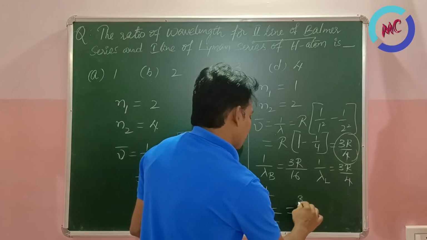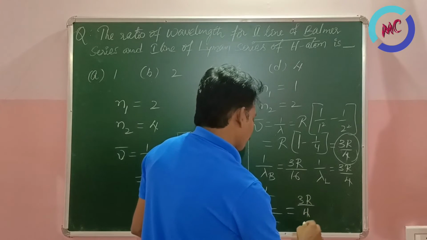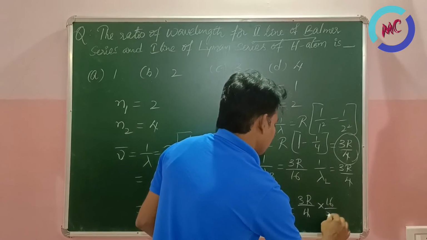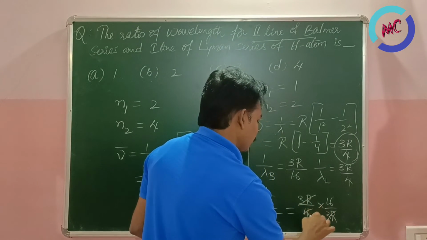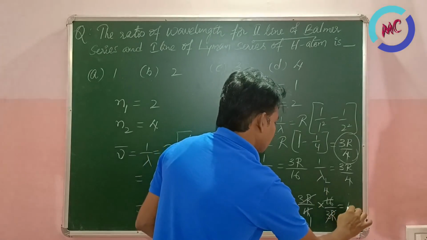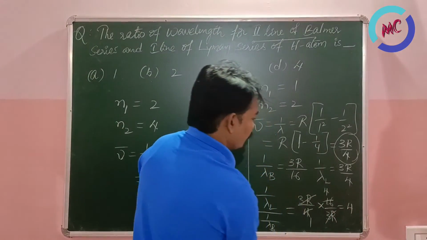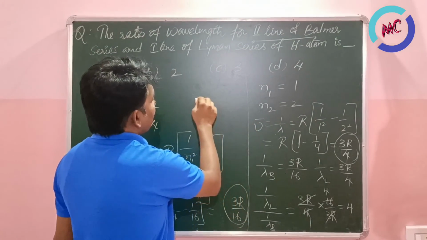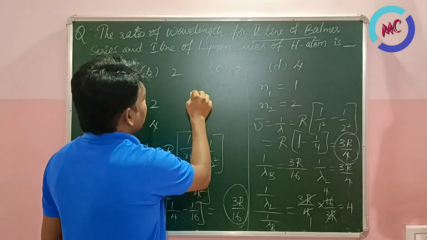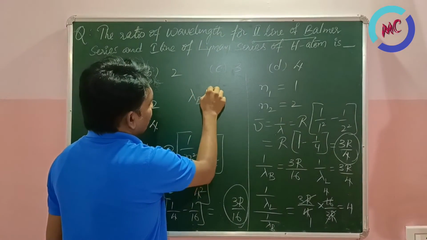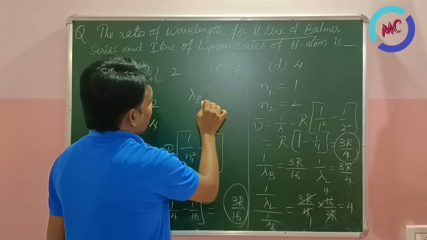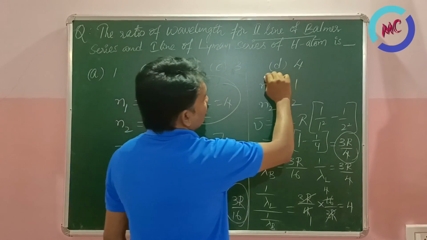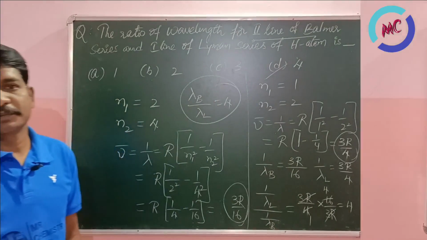That is equal to 3R by 4 into 16 by 3R, the 3R gets cancelled, 4 fours are 16, that is equal to 4. Therefore lambda B by lambda L is equal to 4. Option D is the correct answer.